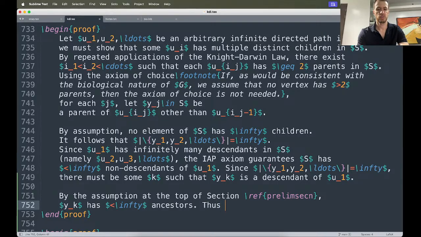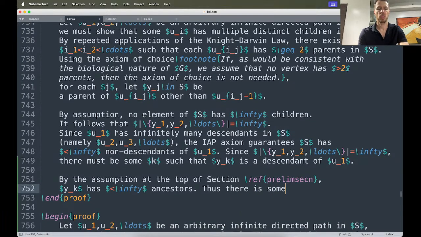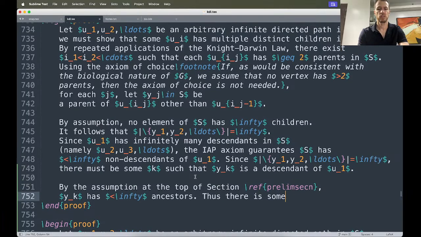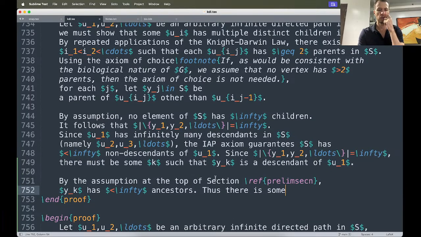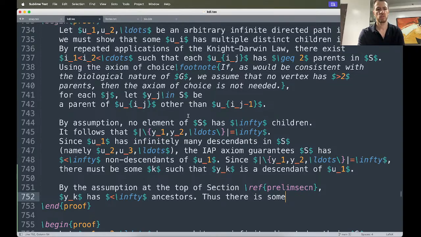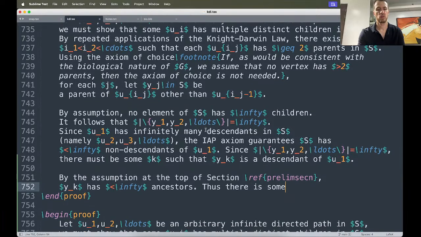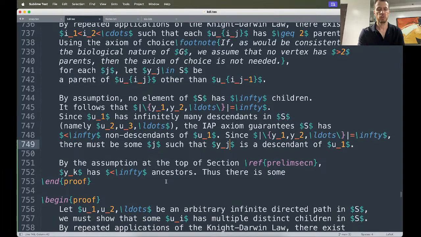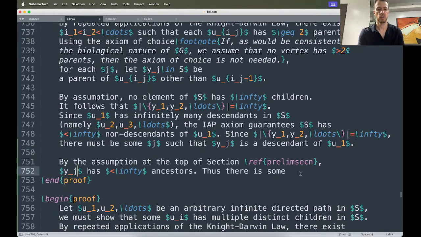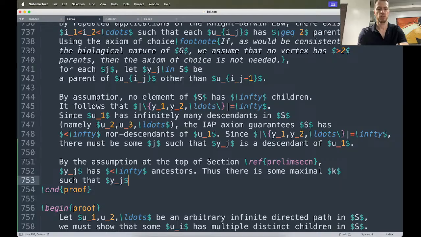Thus, there is some, you know what, we're going to run out of variables. I think we can use j here. Some j such that yj is a descendant of u1. By the assumption atop the section, yj has less than infinitely many ancestors, thus there is some maximal k such that yj is a descendant of uk.